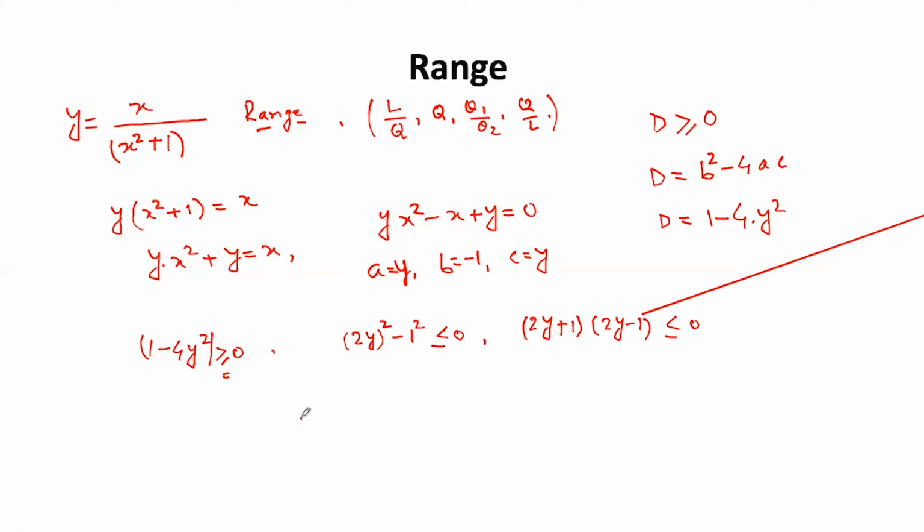In the number line, we can see the first one will be 0 at minus half and the second will be 0 at half. Put any value greater than half: positive, negative, positive. And what we require is less than or equal to 0. So this is the portion that will be less than or equal to 0.